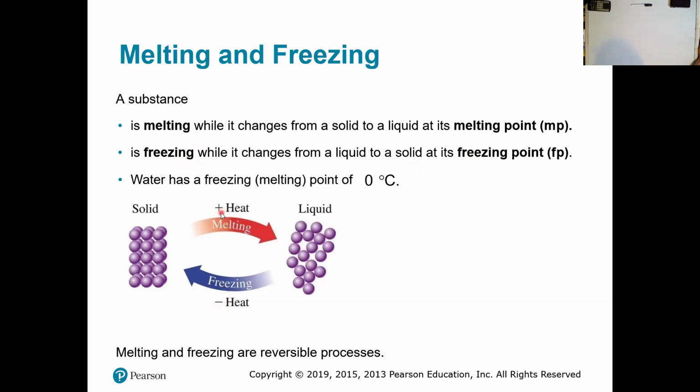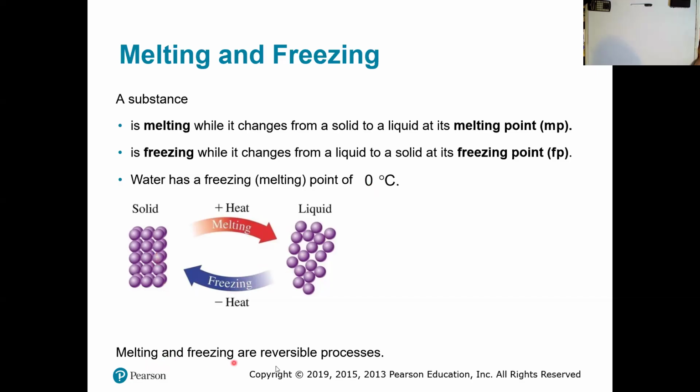So at 0 degrees Celsius, if you're adding heat, you're going to be turning the solid into a liquid. But at 0 degrees Celsius, which is the freezing and melting point of water, if you're removing heat, then that liquid water is going to turn into solid ice as it freezes.